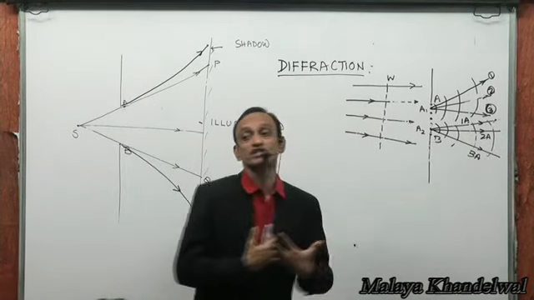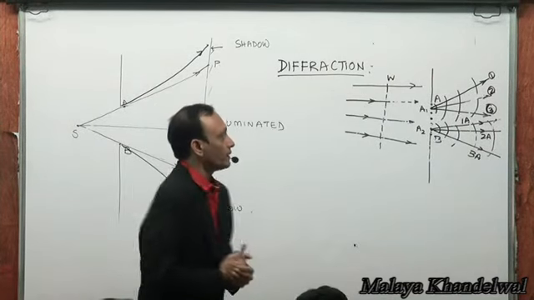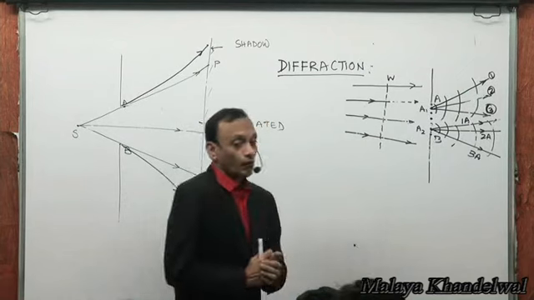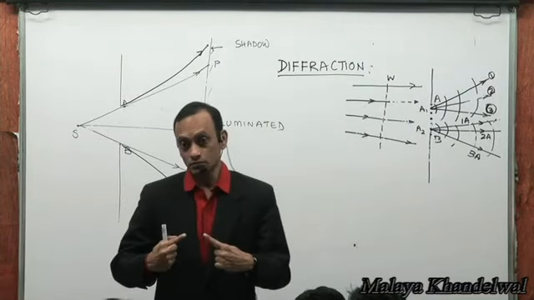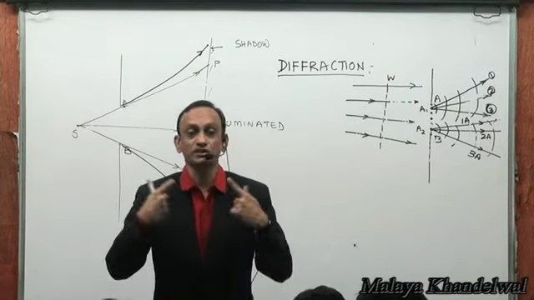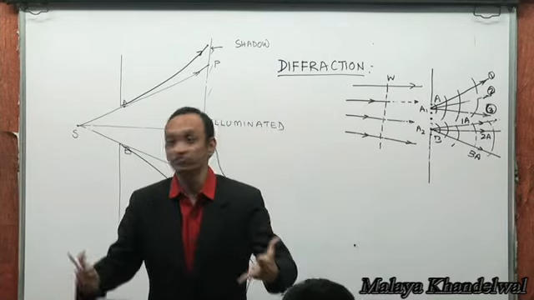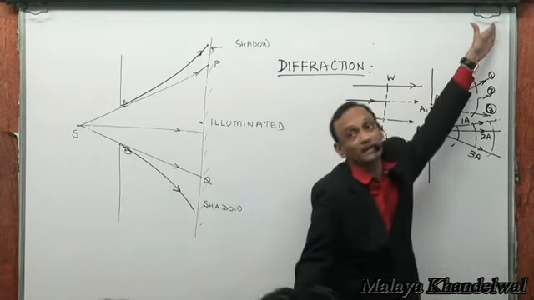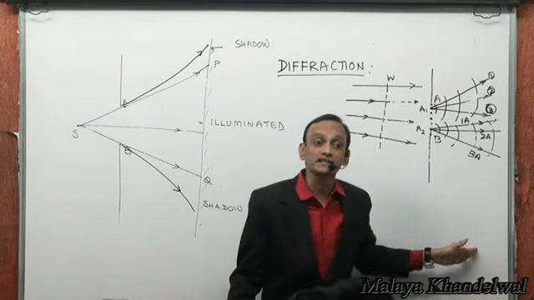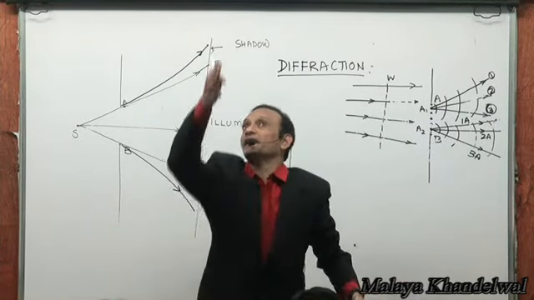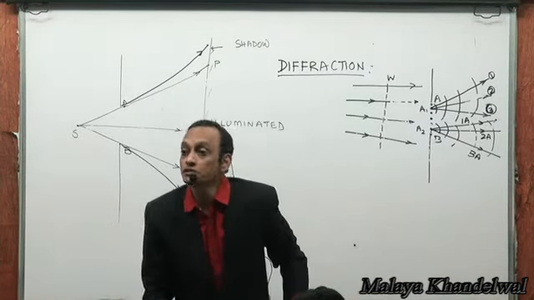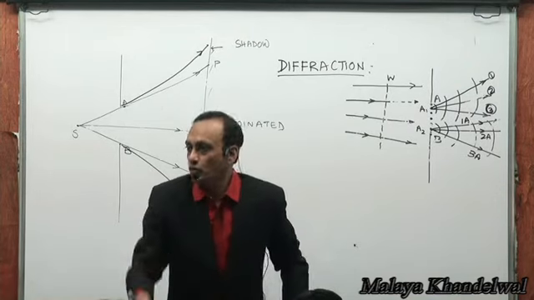Now what we are going to study and examine is the superposition of the diffracted beam on a screen. I'm going to project this energy on a screen and examine the superposition.